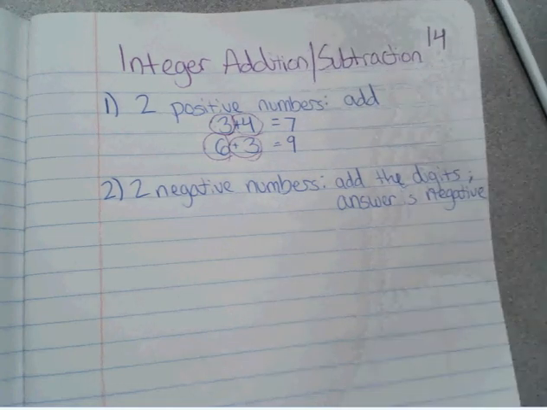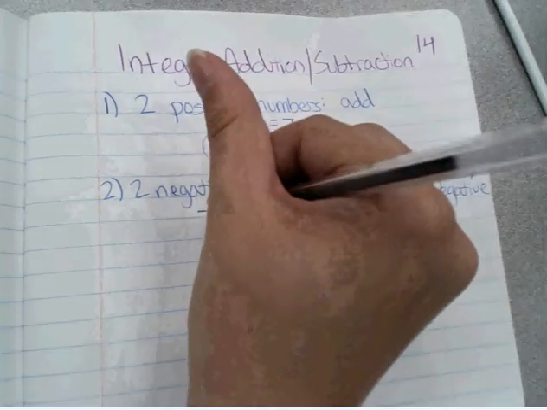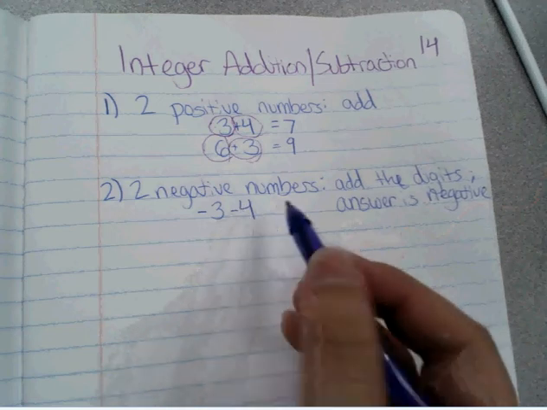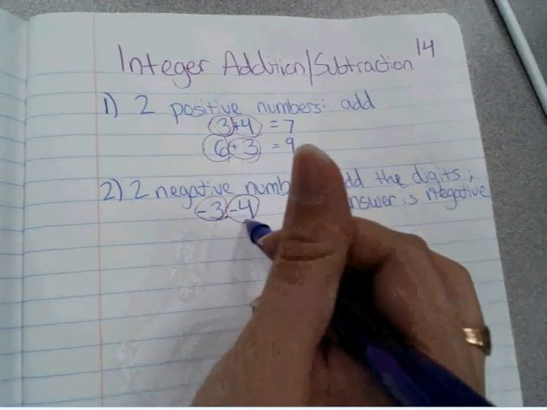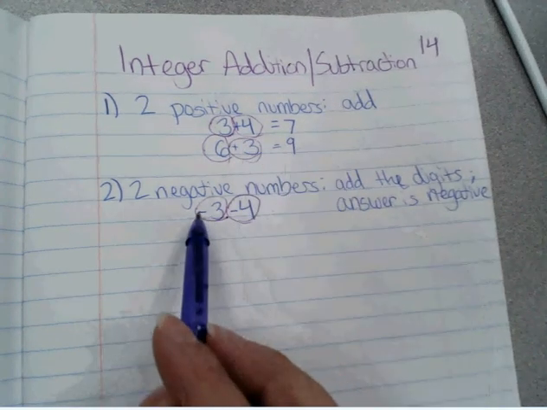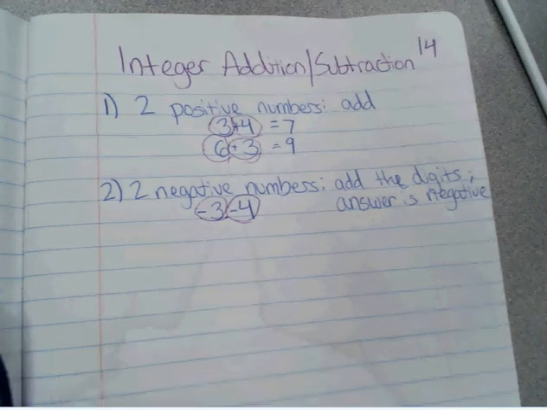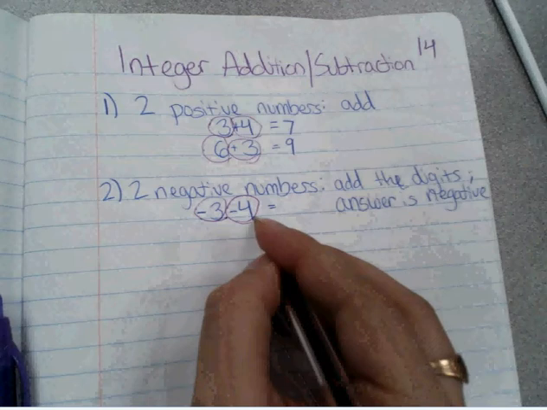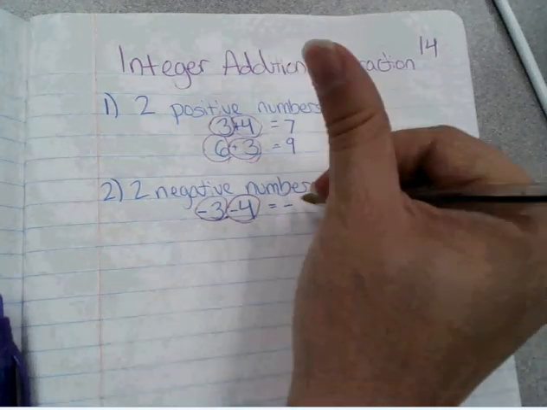So looking at a couple examples, if we have something like -3 and a -4 here, if we circle both the numbers and the sign that's in front of them, there's a negative sign in front of both of these. So when we have a -3 and a -4, we add. 3 plus 4 is 7, and we just keep the negative in front, so -7.